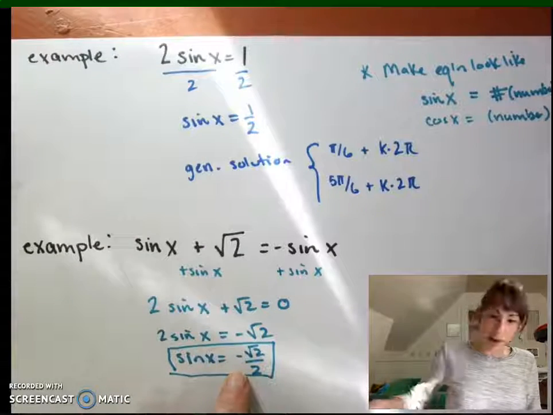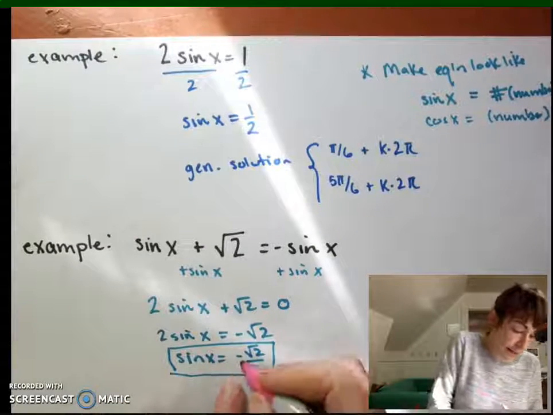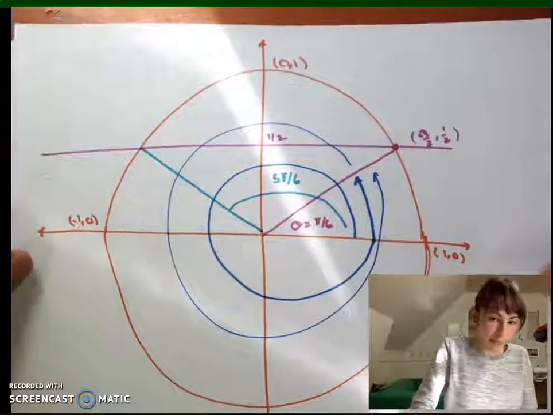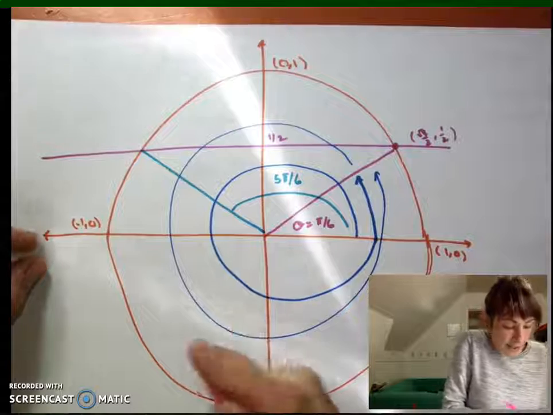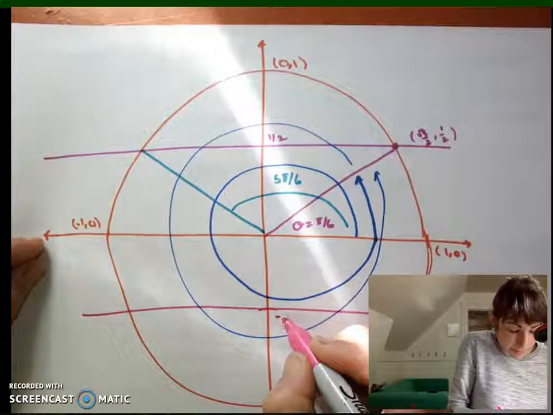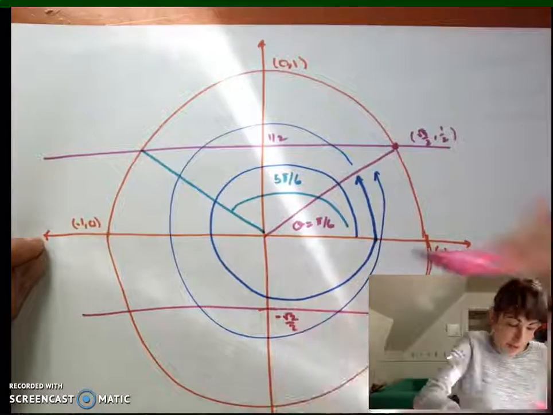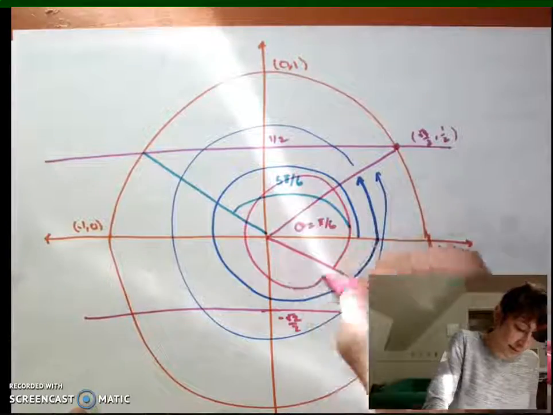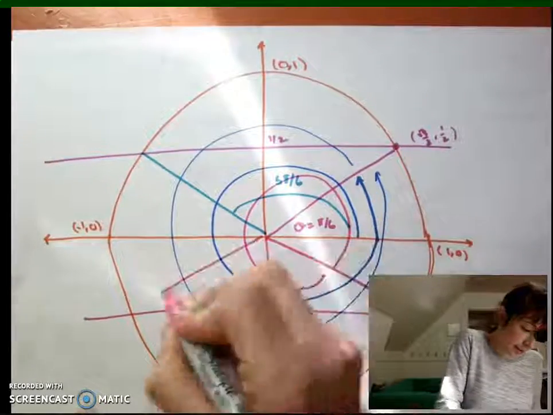But the tricky part is now I have a minus. So I want to know, come back to our unit circle, when is sine of x going to equal minus root 2 over 2? It's going to be this angle and this angle.